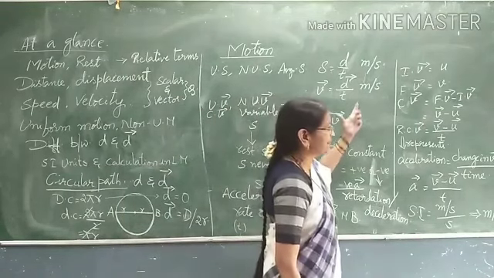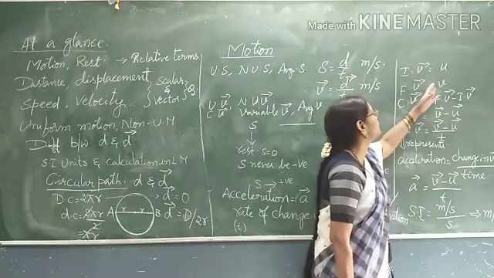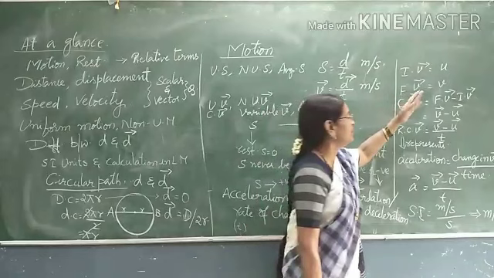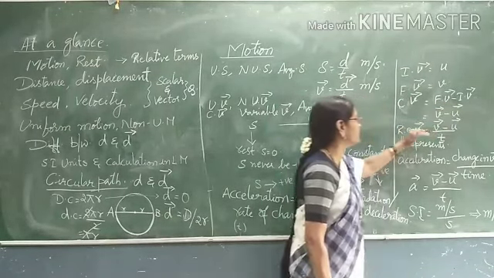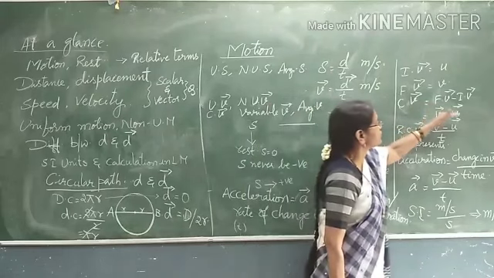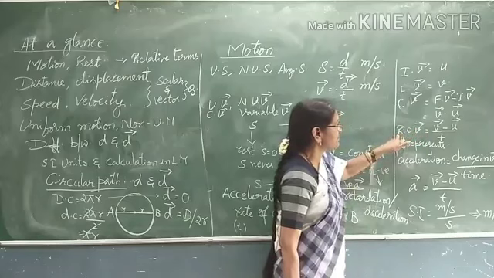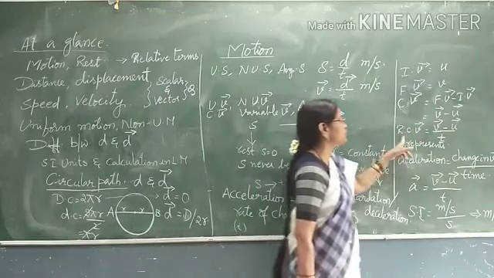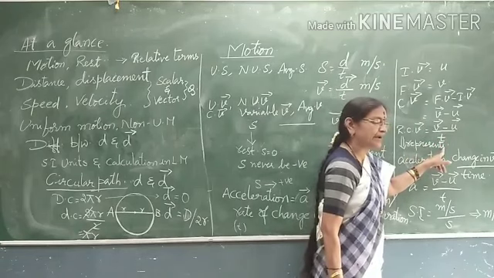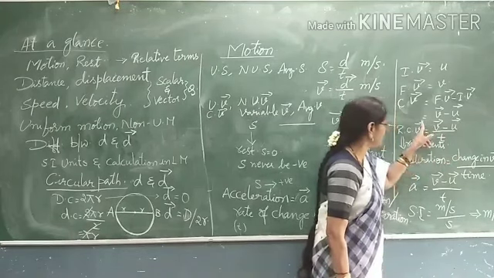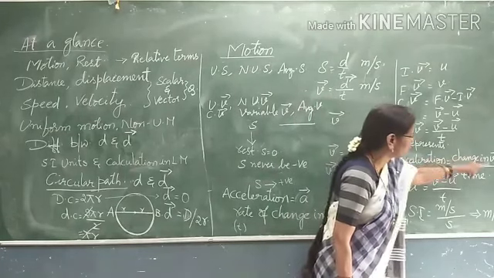Let us assume the initial velocity of a moving object is u and the final velocity is v. Then change in velocity is v minus u. Rate represents time, so rate of change in velocity is v minus u by t. That is acceleration, so acceleration is change in velocity by time.